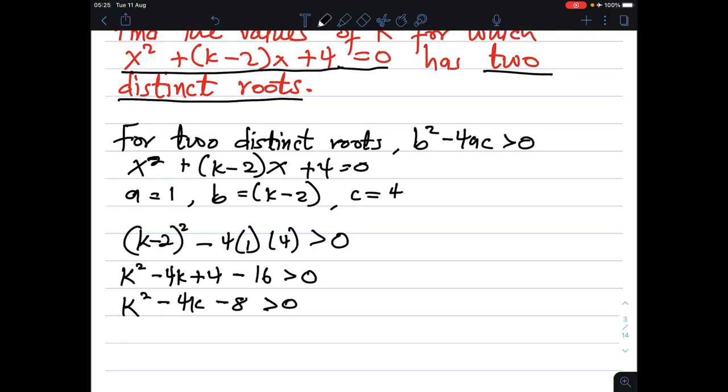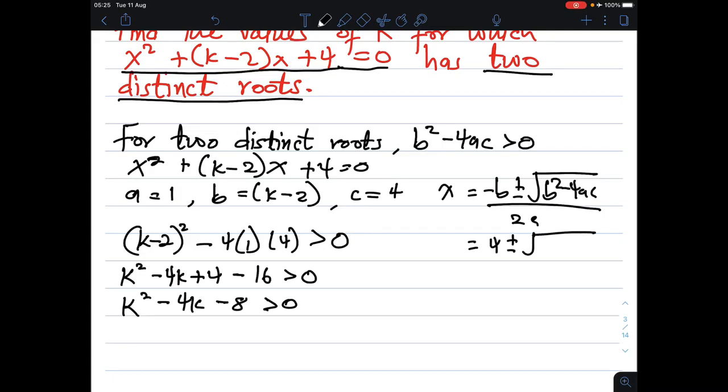So let's solve using the quadratic formula. Remember we got a formula like this. So that would be -b, so that would be 4 plus the square root of b squared, which is 16, minus 4 into 1 into c, which is -8, all over 2 into 1.